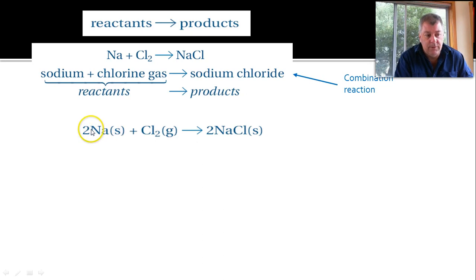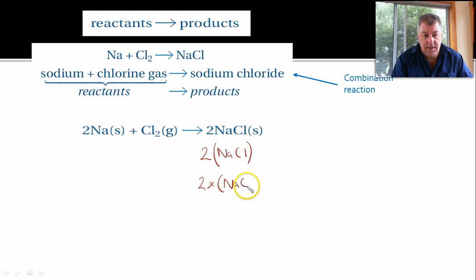There's a little invisible multiplication there, and if you look over here, if we were to do it in maths, we would write 2 bracket NaCl, okay, because it's actually 2 times everything, or another way of writing it is 2 times NaCl.